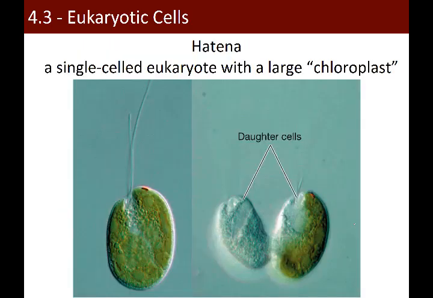And we have some examples now where we have single-celled organisms like this organism pictured here, which is known as Hatena. And it has a very, very large chloroplast inside its body. It fills most of the volume of the organism's body.